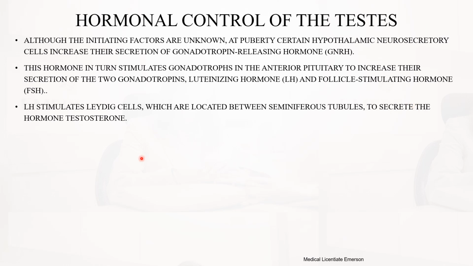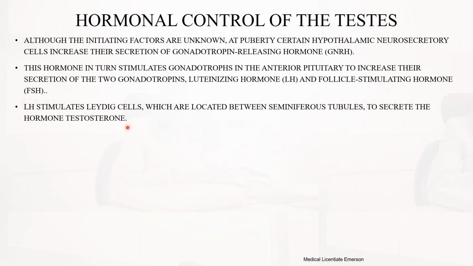Luteinizing hormone stimulates the Leydig cells, or specifically the interstitial cells of Leydig, which are located between the seminiferous tubules, to secrete the hormone testosterone. I remember there was a student who asked me what's the difference between interstitial cells and Leydig cells. Other literature calls them Leydig cells, or interstitial cells, or interstitial cells of Leydig.